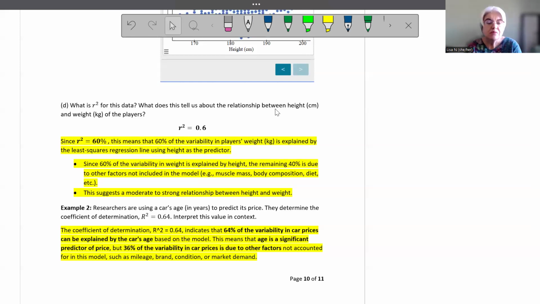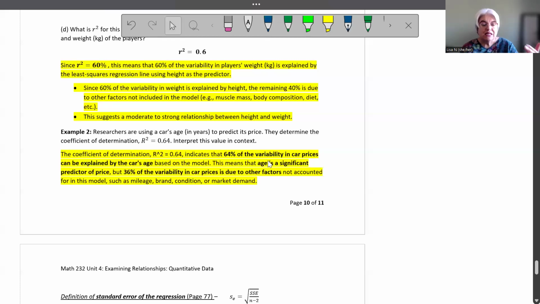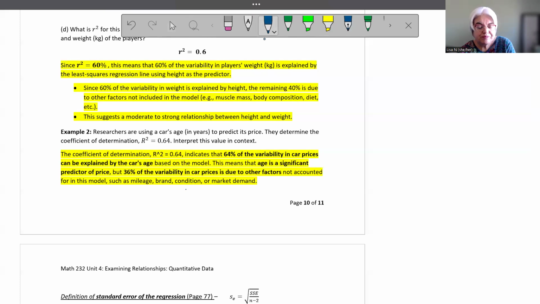So if we look at example 2, this is not an example using data. It's essentially looking at the car's age and how you would predict the price. So just to maybe draw a little picture here, we have the age of the car, and then we have the price.